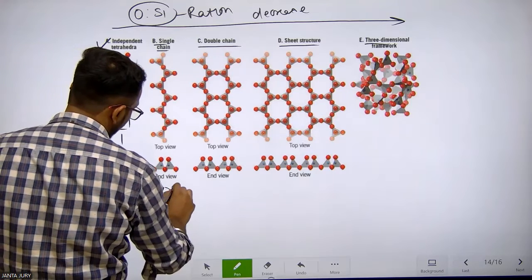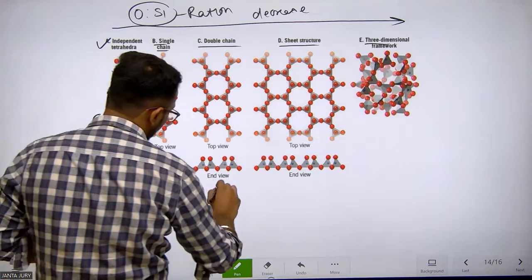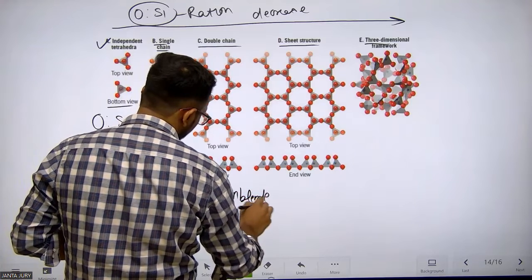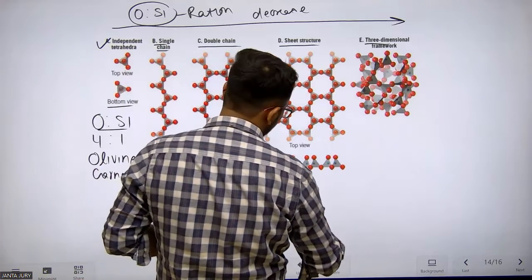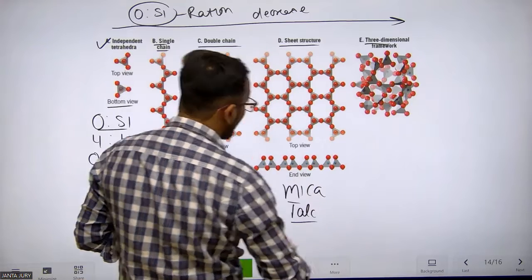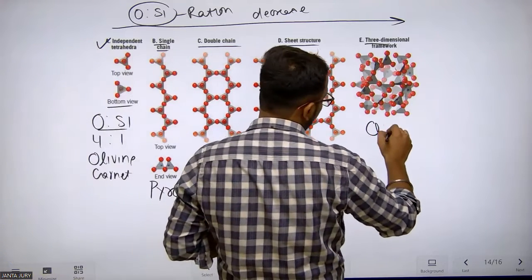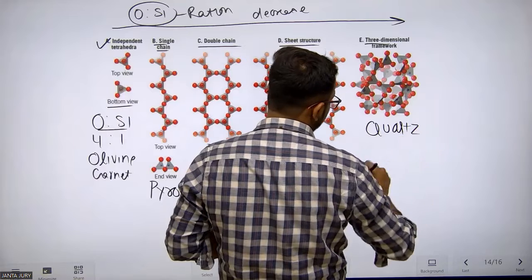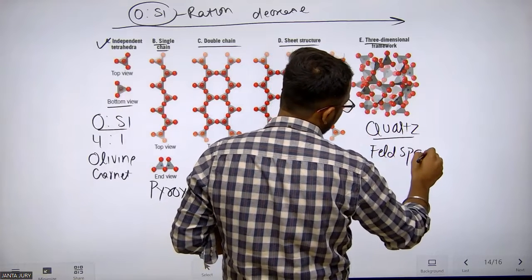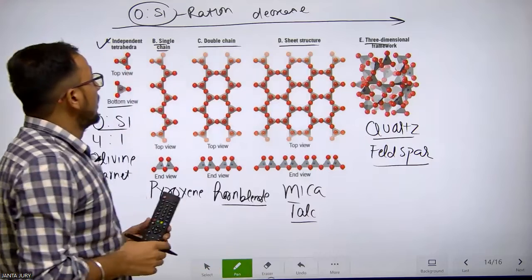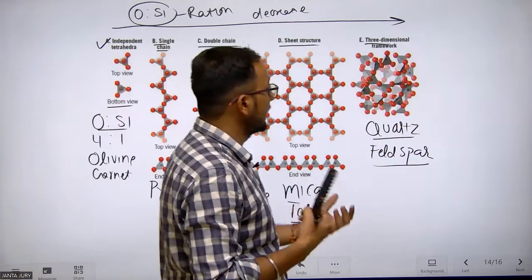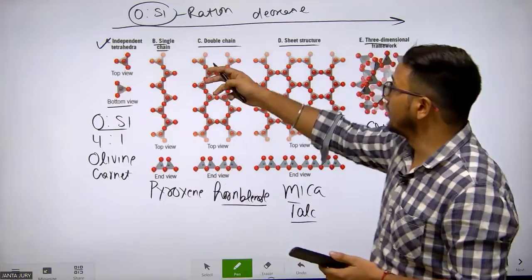Here will be the pyroxene group and hornblende. There you will find mica sheet and talcum powder. Here the minerals will be quartz and feldspar.